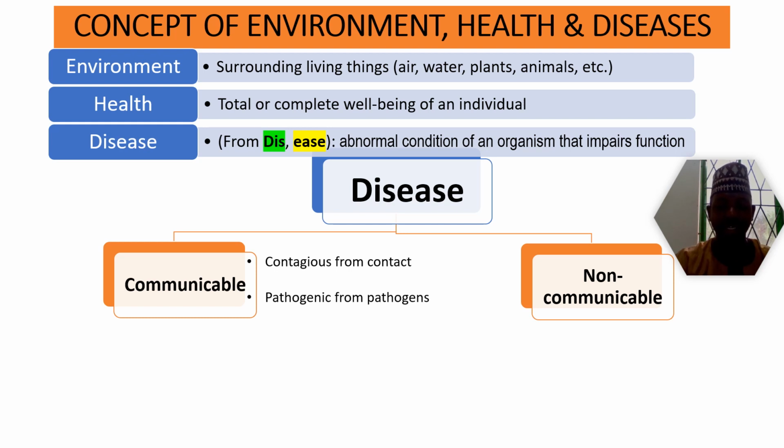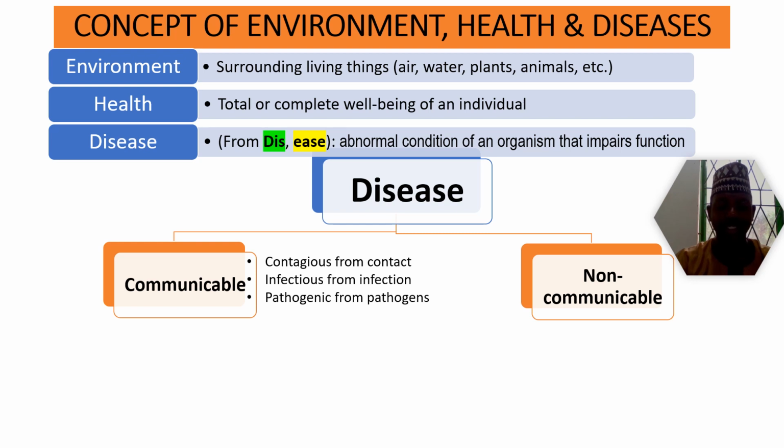They are living things that can either enter the body of other living things and cause diseases, or cause diseases on the skin of other living things. All these are referred to as pathogens. And because communicable diseases are caused by pathogens, they are sometimes referred to as pathogenic diseases.